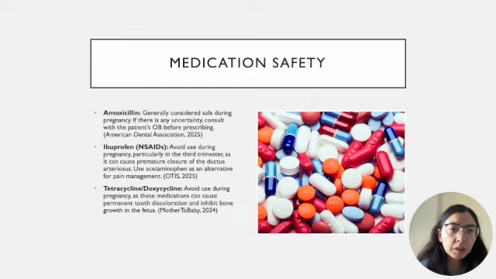Ibuprofen, an NSAID, should be avoided during pregnancy, particularly in the third trimester, as it can cause premature closure of the ductus arteriosus. Use acetaminophen as an alternative for pain management. Tetracycline and doxycycline should be avoided during pregnancy as these medications can cause permanent tooth discoloration and inhibit bone growth in the fetus.